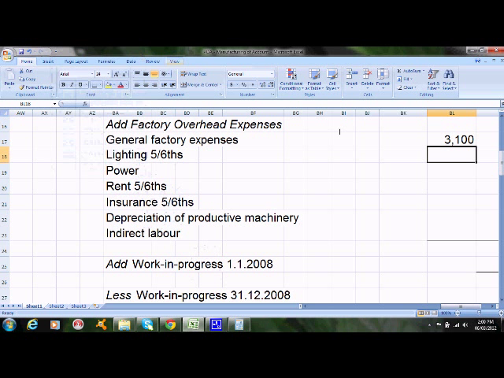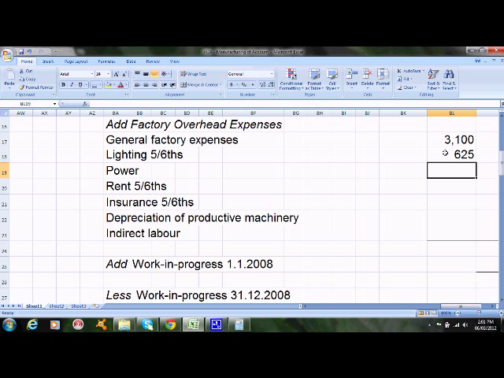So the figure is 625. It's 5/6, and the remaining 1/6 will automatically go to administration, right? That came from the notes. If you go back to your notes, you will see lighting, rent and insurance are to be apportioned: factory 5/6, administration 1/6.